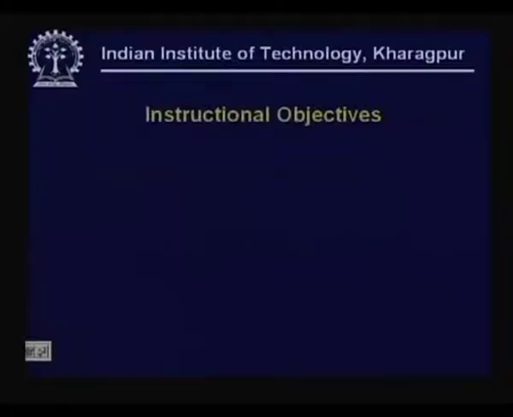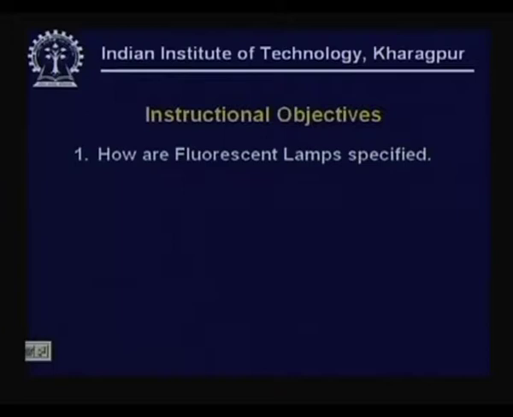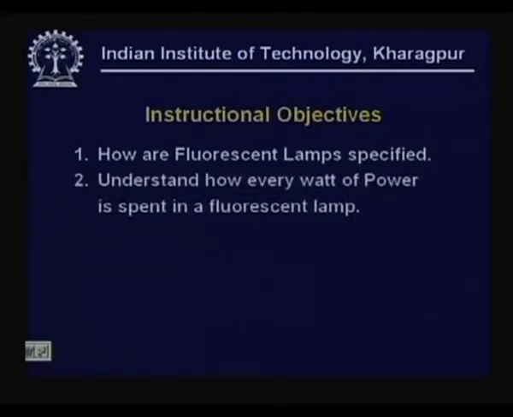Okay. So with this in mind, the instructional objectives for this lesson could be listed as: how are fluorescent lamps specified, and understand how every watt of power is spent in a fluorescent lamp.